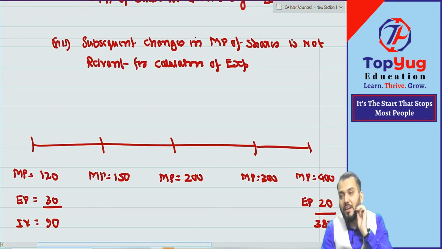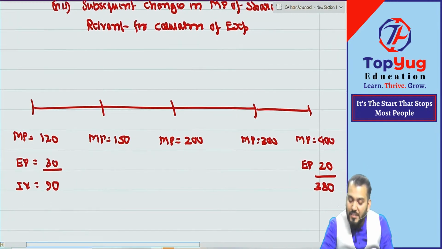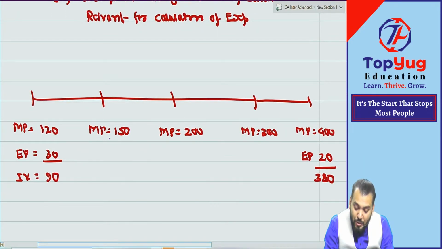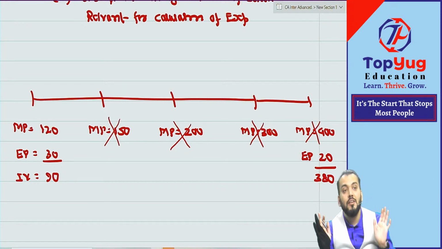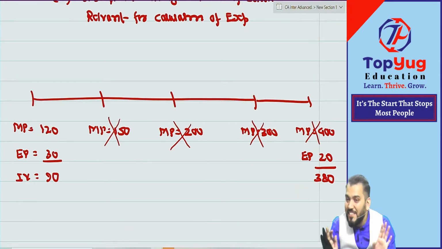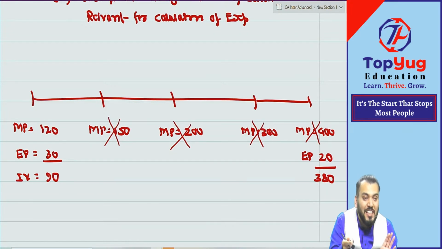Is not relevant for calculation of expense. Means if subsequent market price is given, we should totally ignore it. Understood? We should not consider it, and we should book our expense based on market price on which date?